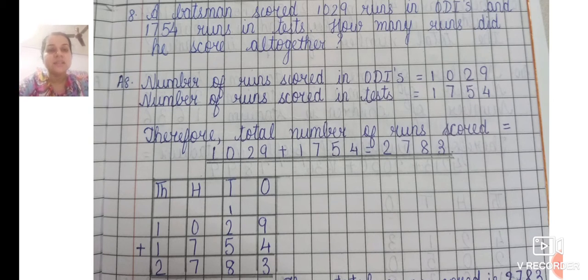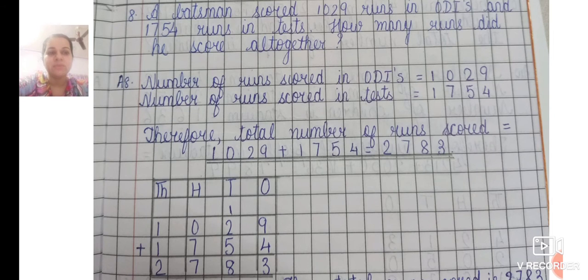Then in another line you will write number of runs scored in tests, 1754. Therefore, total number of runs scored is equal to, we have to add both the numbers, 1029 plus 1754.